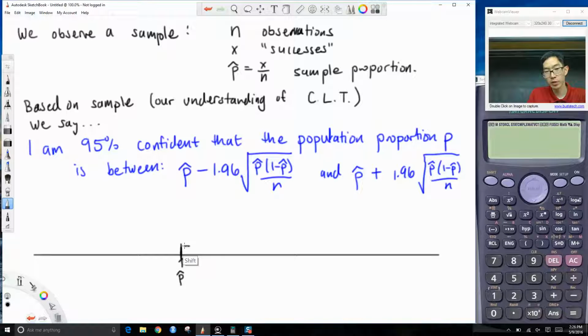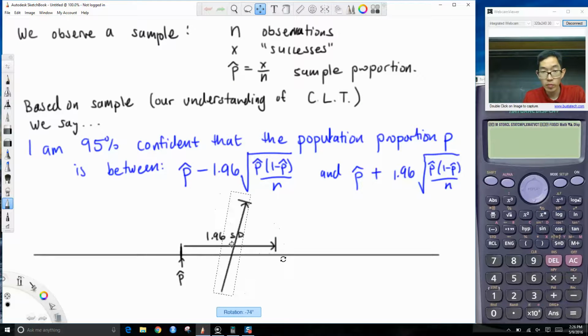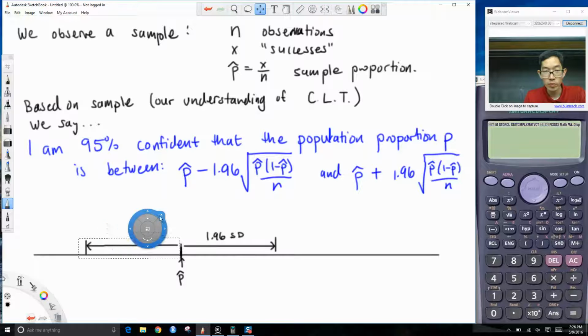Okay, and then you would go basically 1.96 standard deviations this way, and you go out 1.96 standard deviations in the other way.